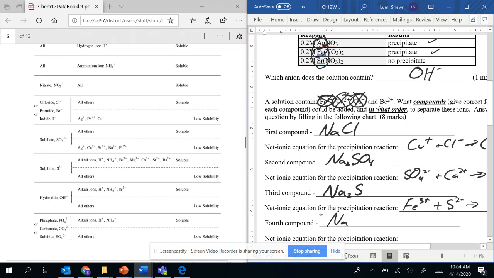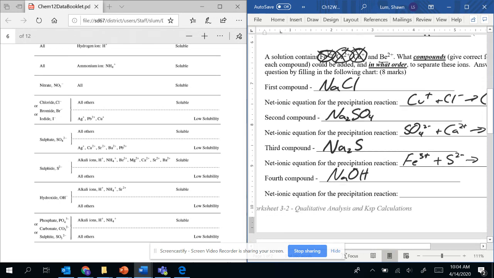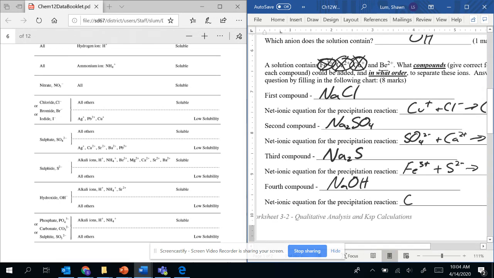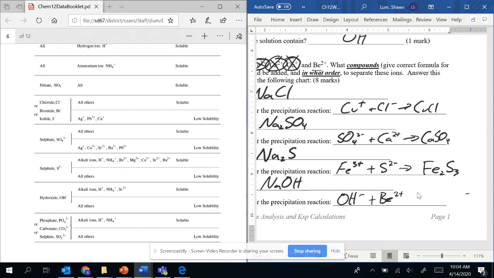So I'm going to write NaOH, and that is going to take Na as a spectator again, so OH- plus Be2+, and that's going to form our precipitate, which is going to be Be(OH)2, like that.